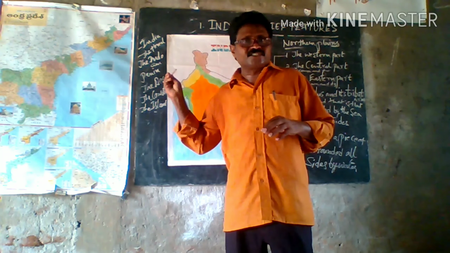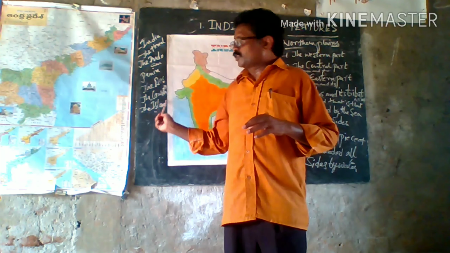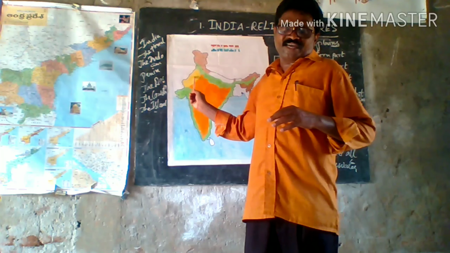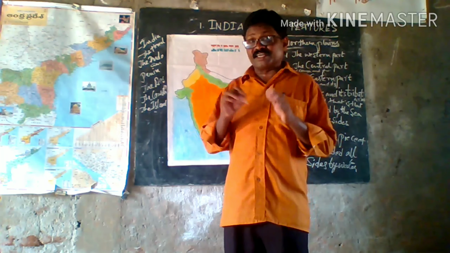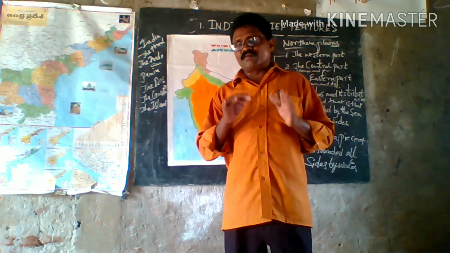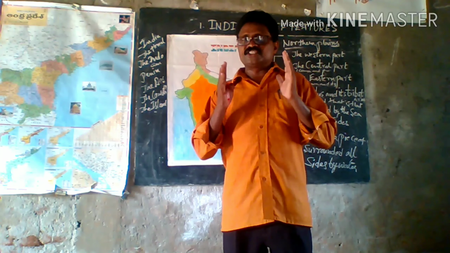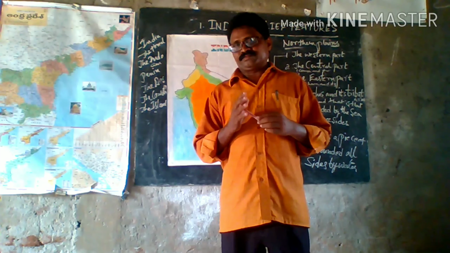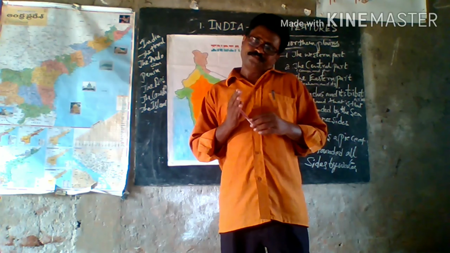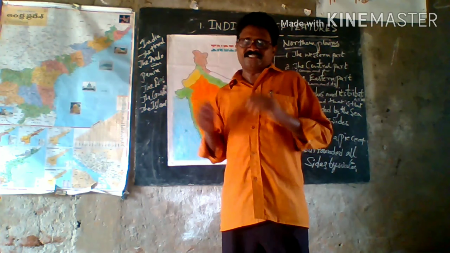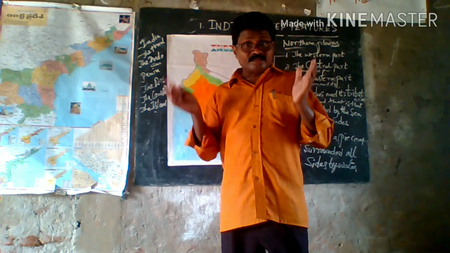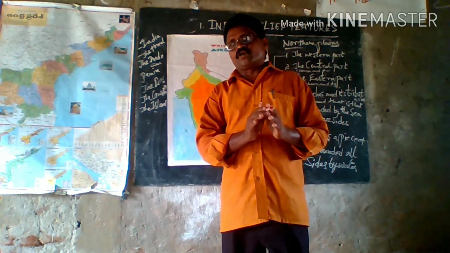The Himalayas, the northern plains, and the Thar desert. Where is the Thar desert? The Thar desert is situated in our country, especially in Rajasthan. In this region most of the land is covered with sand.